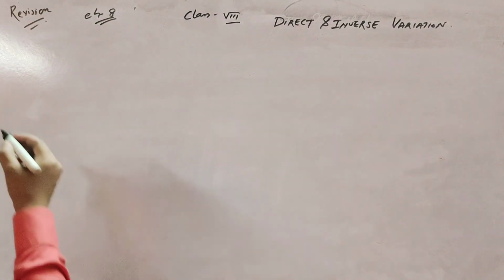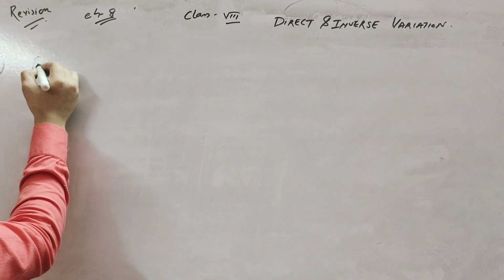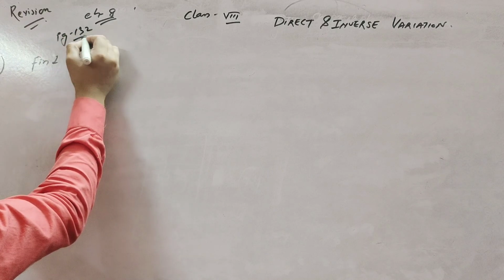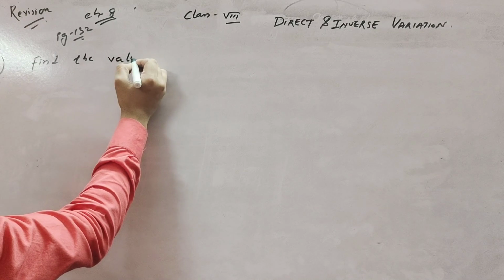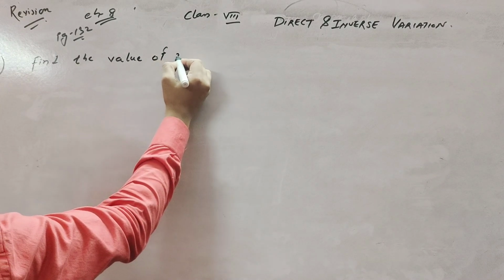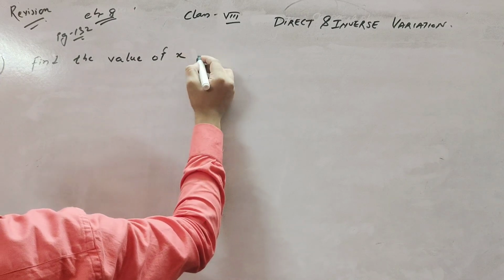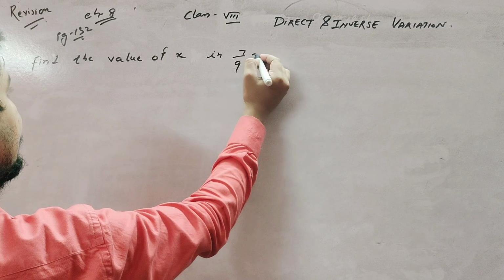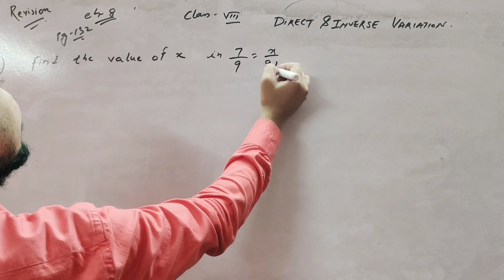Okay, page 132, find the value of x in 7 upon 9 equals x by 81.